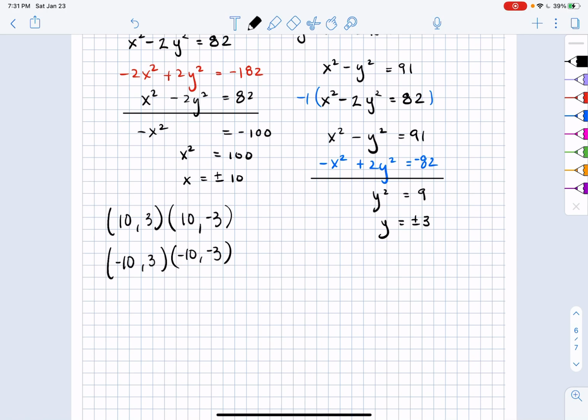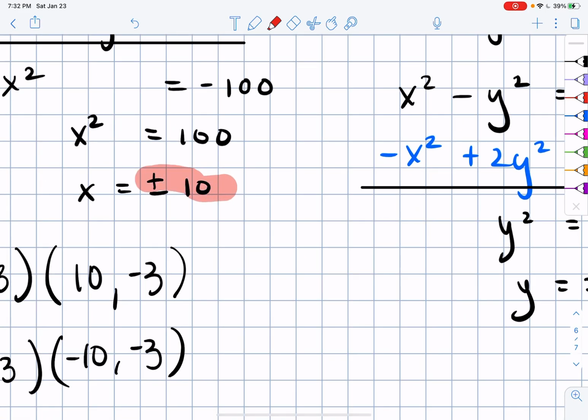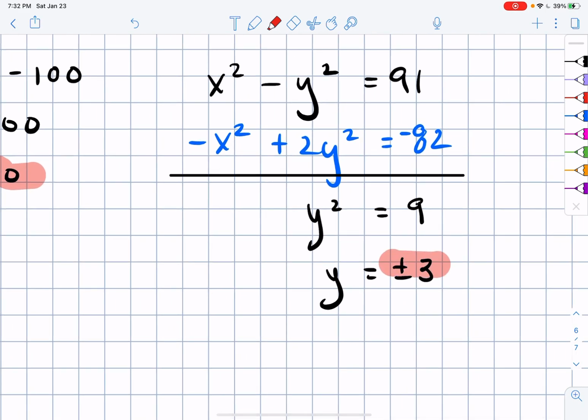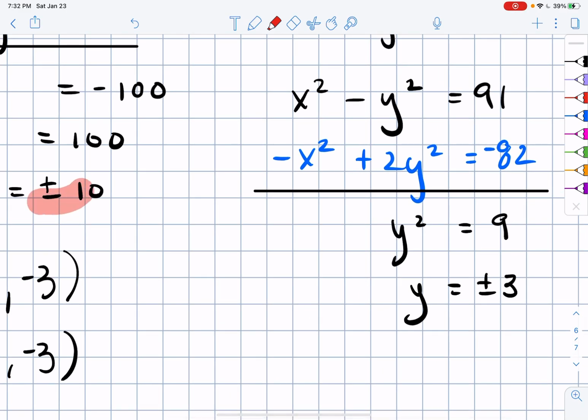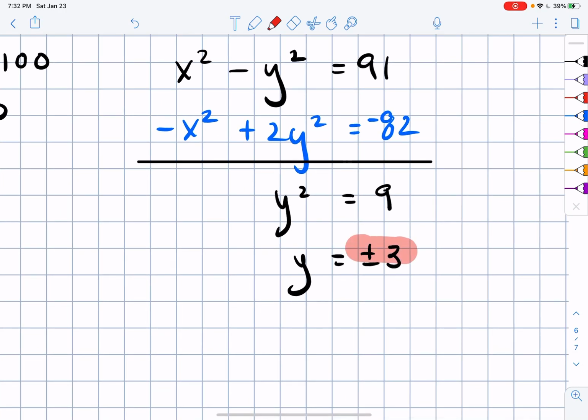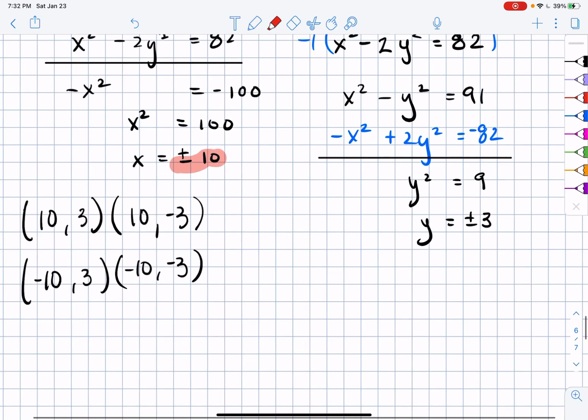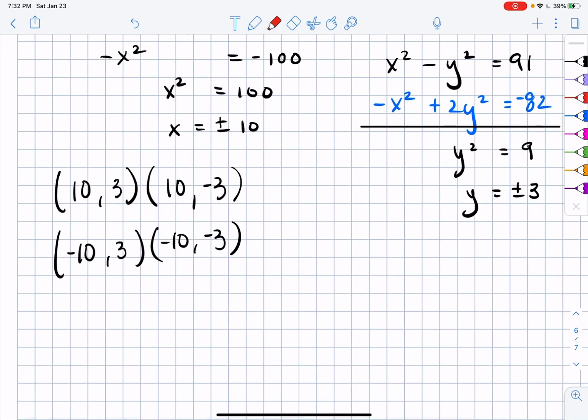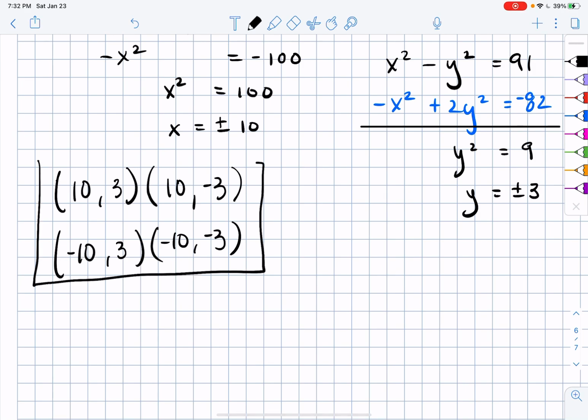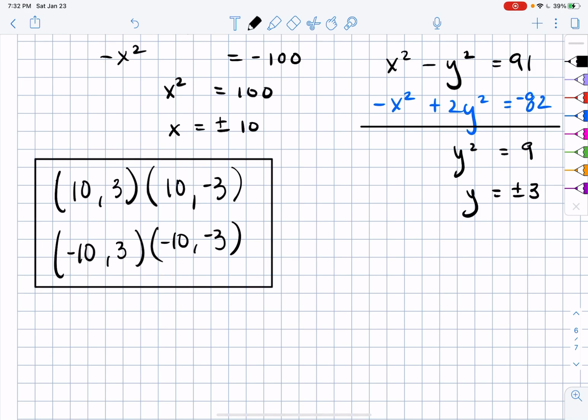So if the x was positive 10, I'll get positive 3 and -3. And if it was a -10, I'll get positive 3 and -3 as well. Okay, so that's the reason why all of it will work. So therefore, this is my answer for number 10.